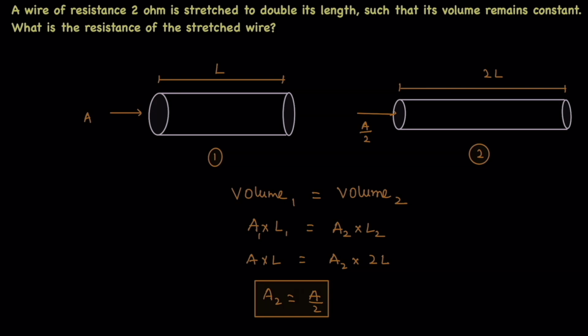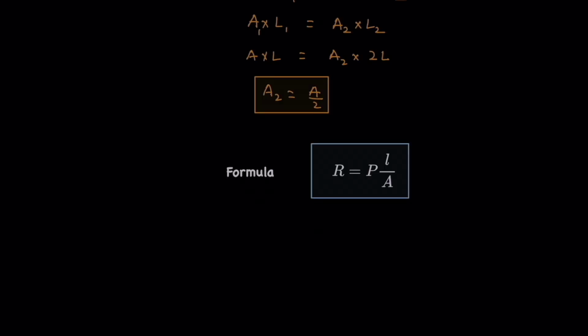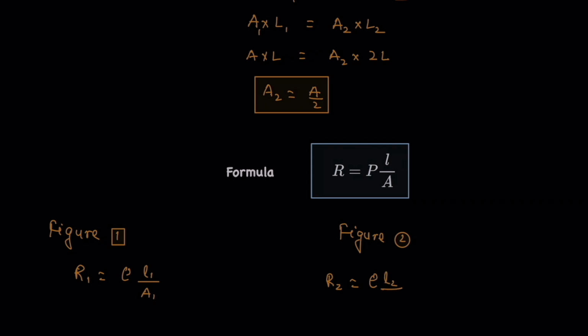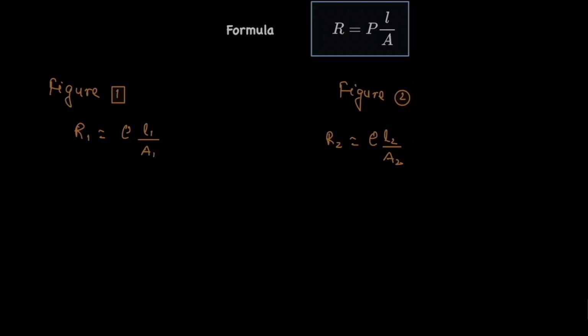So now if we use the resistance formula for figure 1, R1 is equal to rho L1 by A1. For figure 2, R2 is equal to rho L2 by A2. So R1 by R2 is equal to rho L1 by A1 divided by rho L2 by A2.